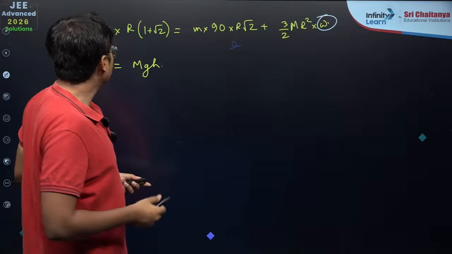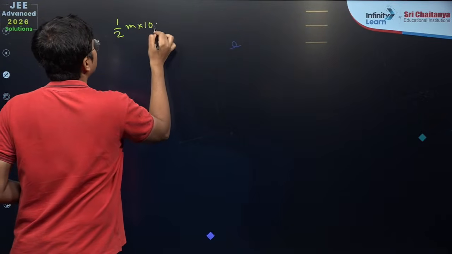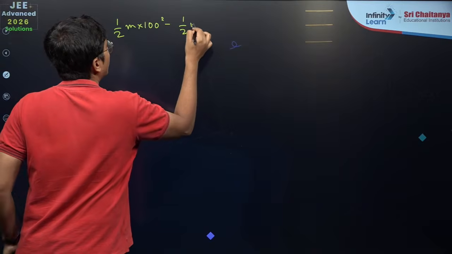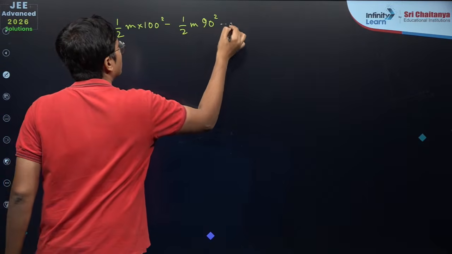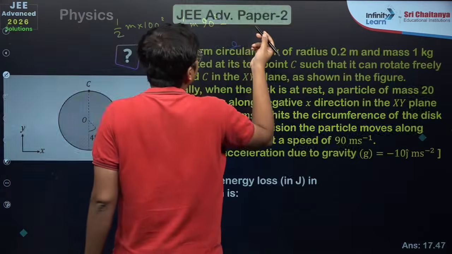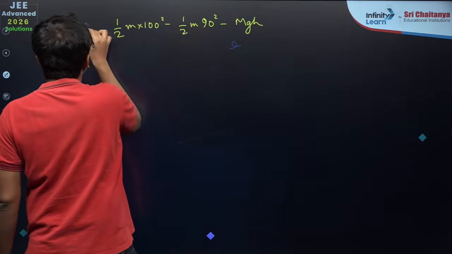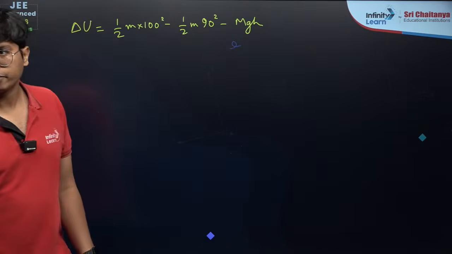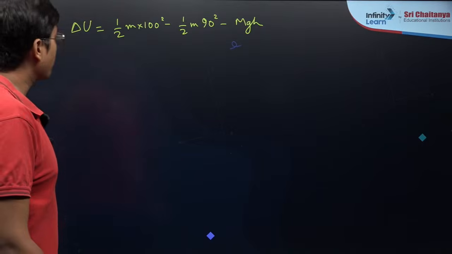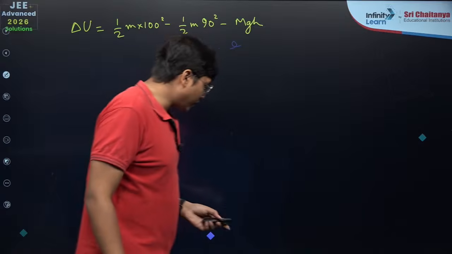Initial is half m into 100 square minus half m into 90 square minus the half I omega square, or mgh. If you have solved for h, you have the mgh. So that basically would be your delta U, the change in energy. Okay, got it? I think we are done with the physics part here.